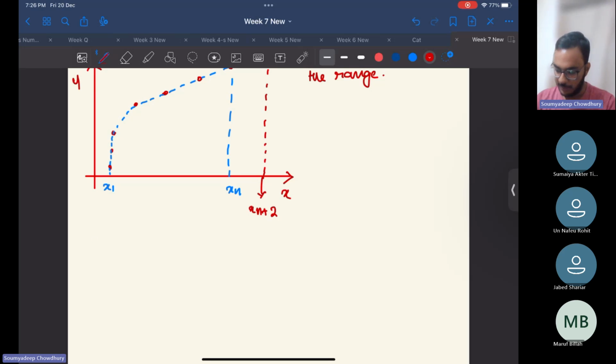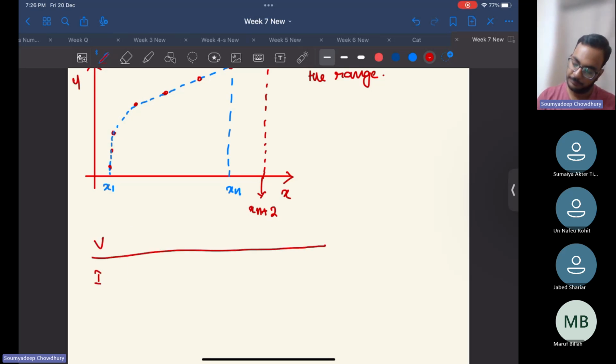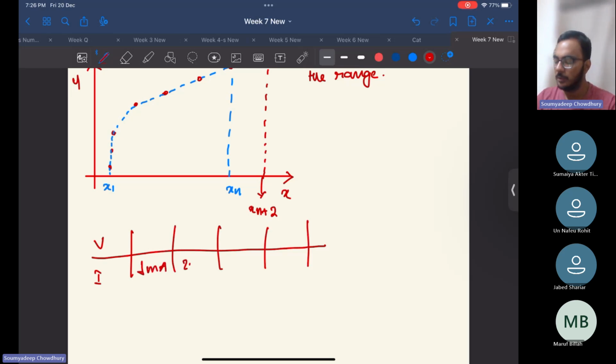So suppose I am taking V and I here, and you have a set of values. Say you have done your experiment for 5 values: 1 milliampere, 2, 3, 4 and 5 milliampere. Suppose you have got your voltage here as 10 volts, and you will not get exactly V equals I here, right?